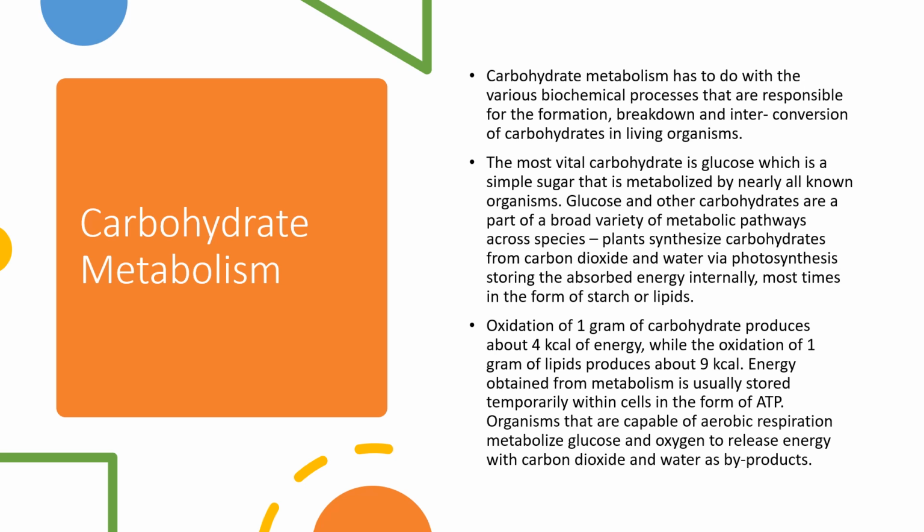Energy obtained from metabolism is usually stored temporarily within cells in the form of ATP. Organisms that are capable of aerobic respiration metabolize glucose and oxygen to release energy with carbon dioxide and water as byproducts.